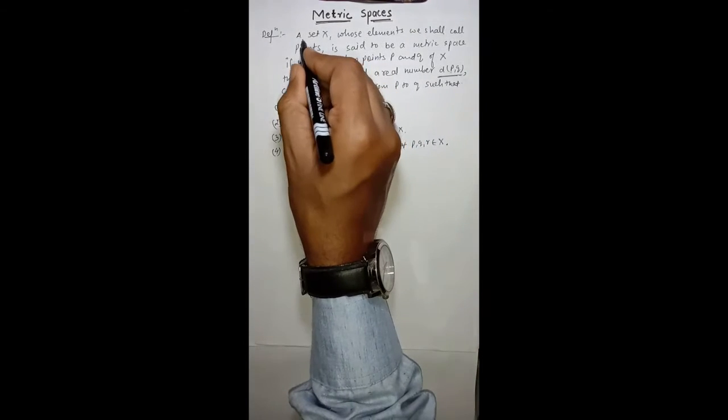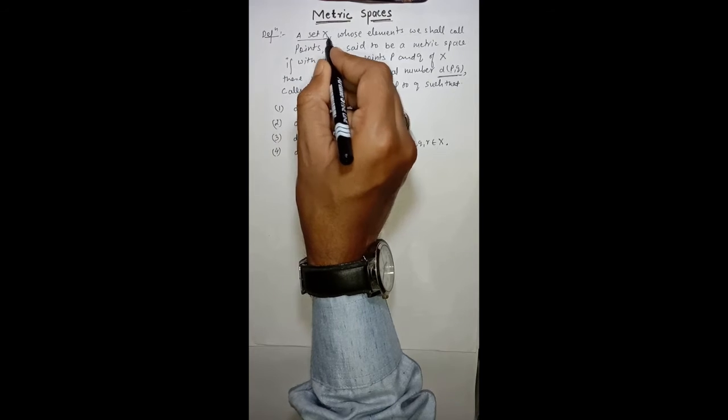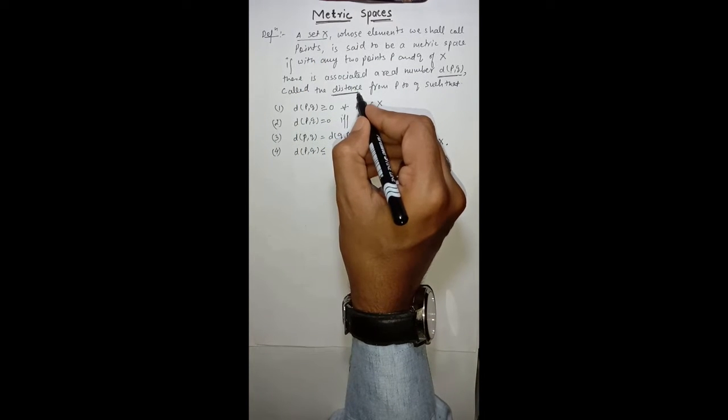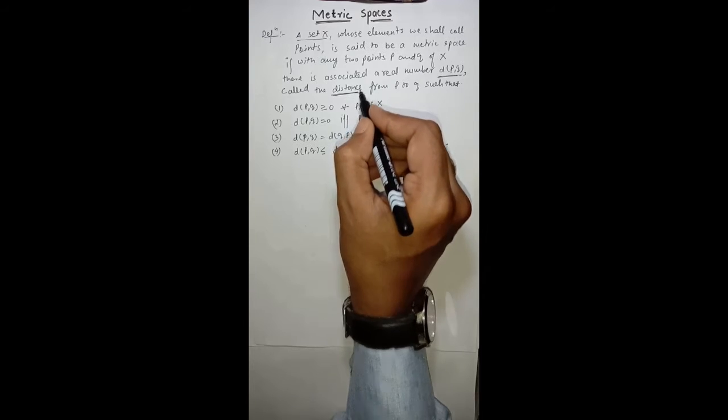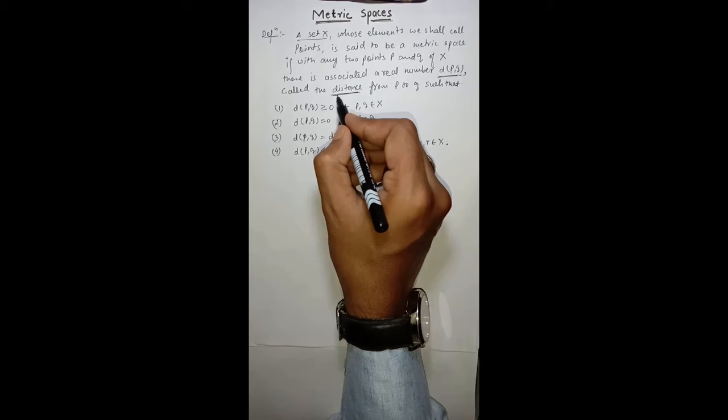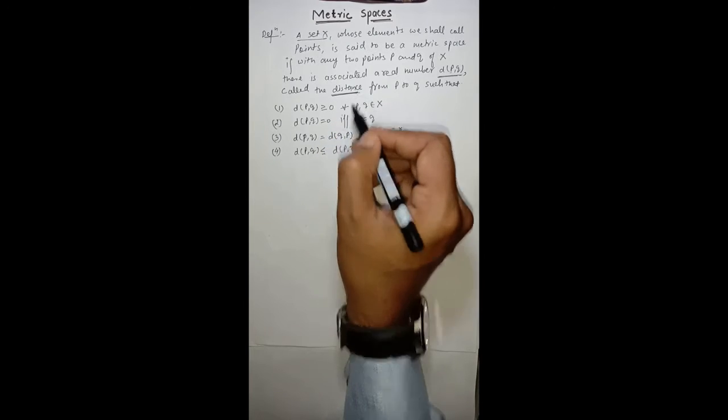That means a non-empty set X equipped with the distance function, or we call the metric, is called the metric space. And what is the metric or the distance function?